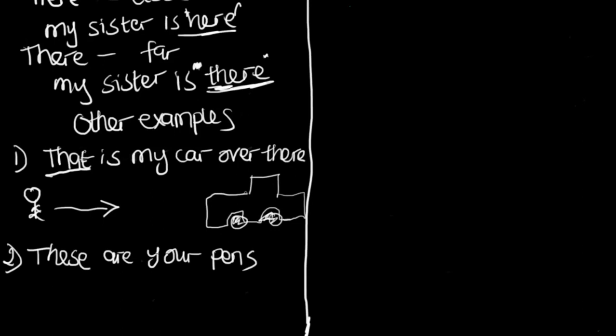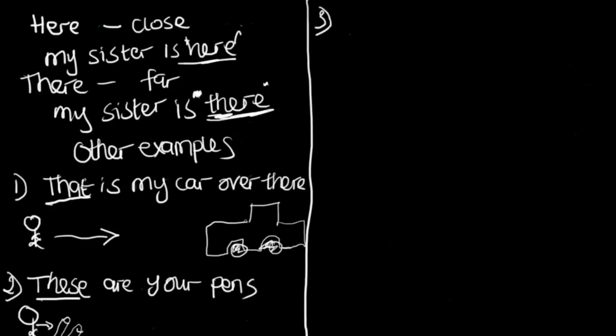These are your pens. This means it's close, but more than one. These are your pens. So maybe somebody's standing here, and then she's pointing to something. Can I draw a pen? These are your pens. So she's pointing to it. Let's take two more examples.